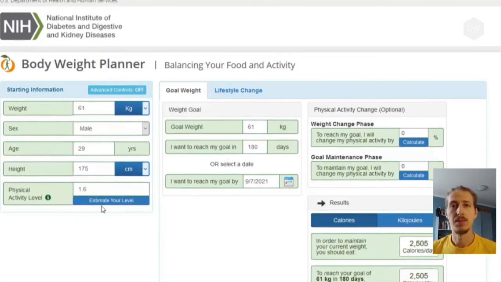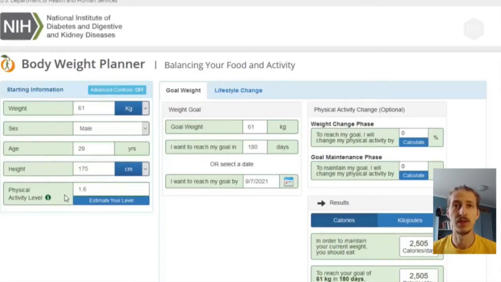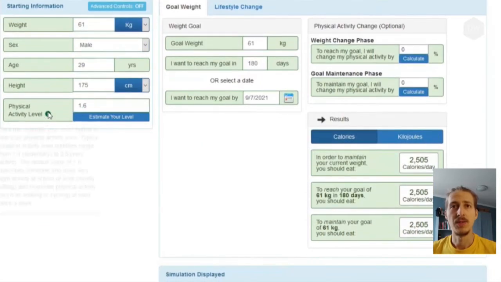This is actually the part where many people make mistakes and are not sure about it, and this was the case for me as well. Physical activity levels. If you just want to find out your BMR or basal metabolic rate and then add your activities, that could potentially be more precise, but these estimations, once you get them right, can be very valuable. So, activity level.